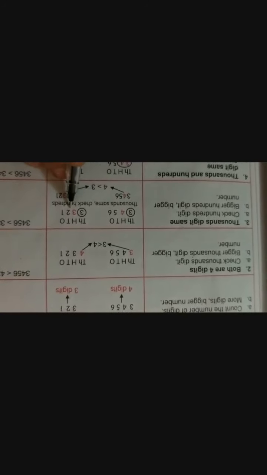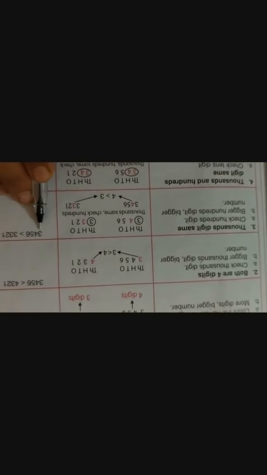So we have to write 4 is greater than 3. So here we have to write 3456 greater than 3321. Okay, then the thousands and hundreds digits are the same.